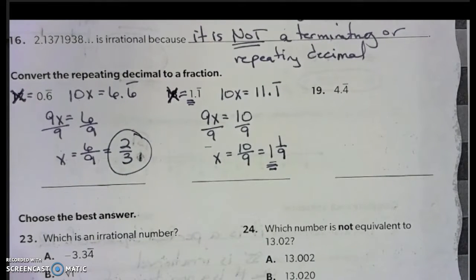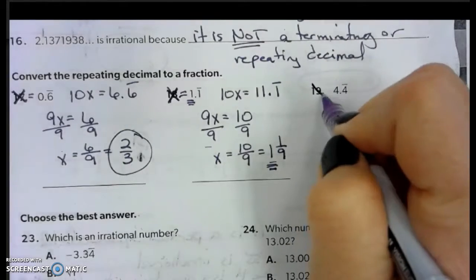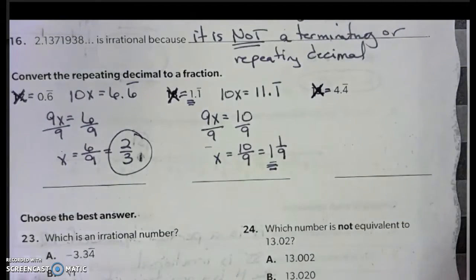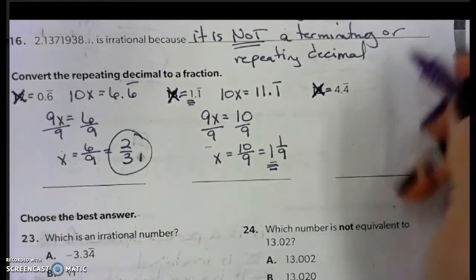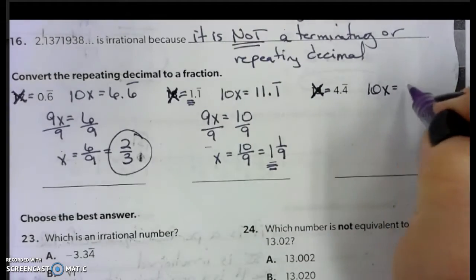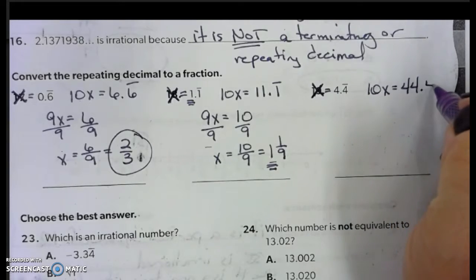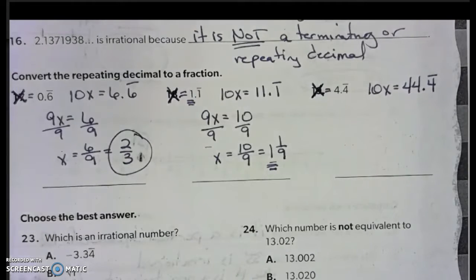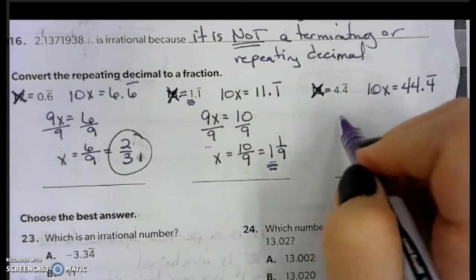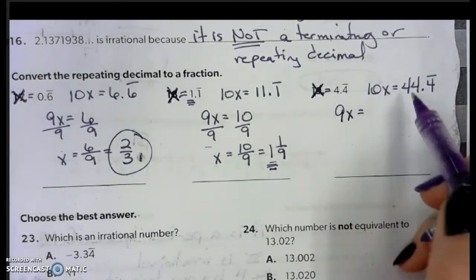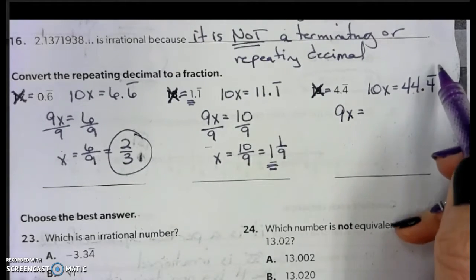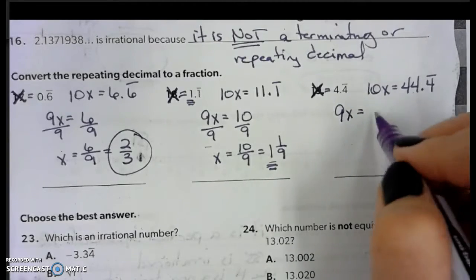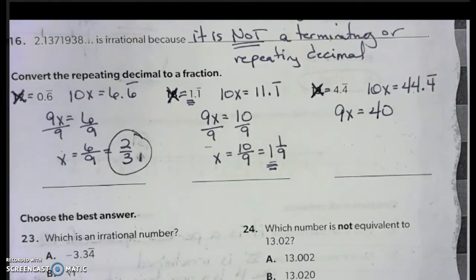Number 19, 4.4 repeating. I'm going to set it equal to x. I'm going to write my second equation by multiplying by 10. 10x is equal to 44.4 repeating. Now I'm going to subtract. 10x minus 1x is 9x. 44.4 repeating minus 4.4 repeating makes 40.